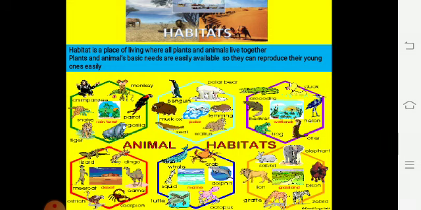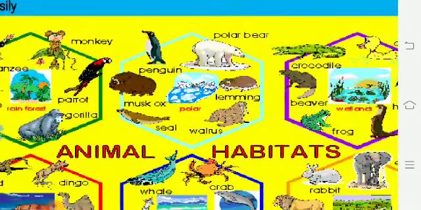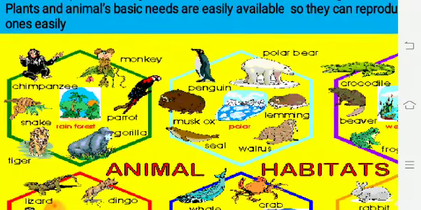So we have different types of animals according to their habitat. As you can see in the given picture, if we talk about the cold region, there are penguin, muskox, seal, walrus, lemming, polar bear.